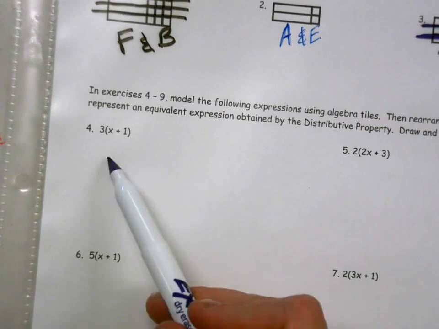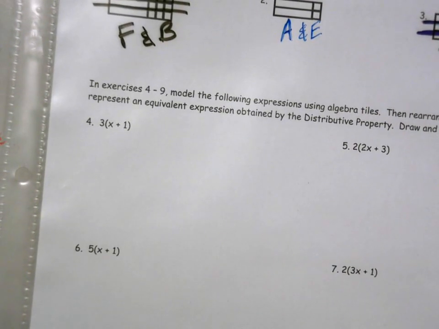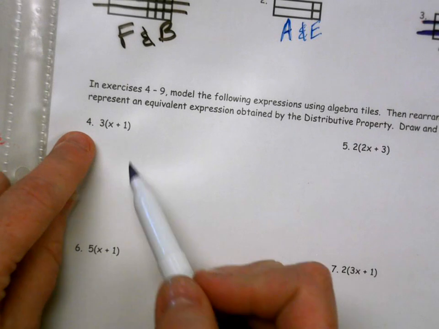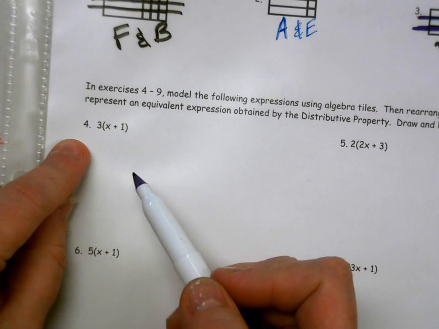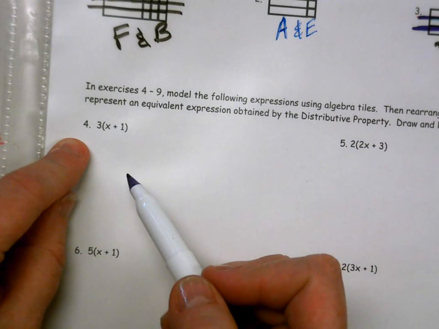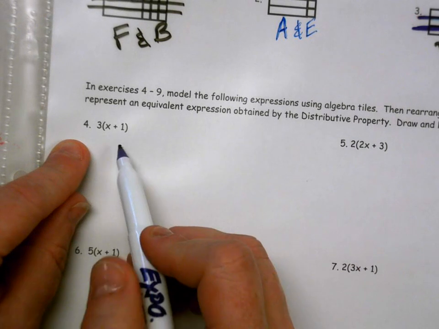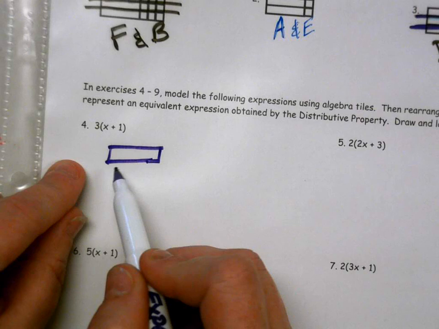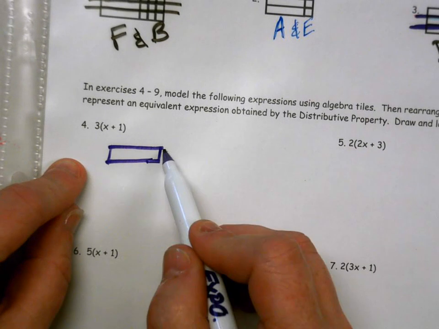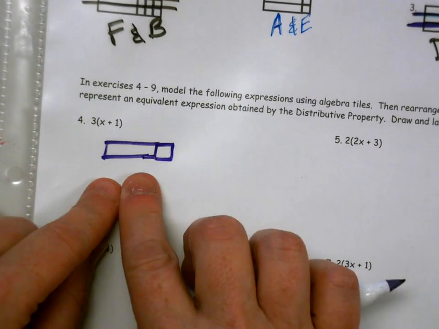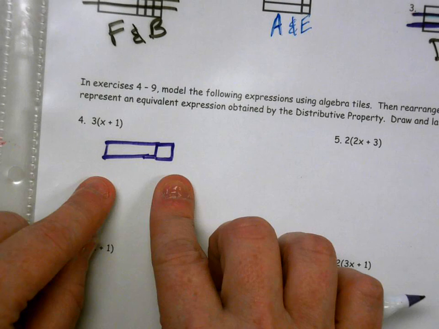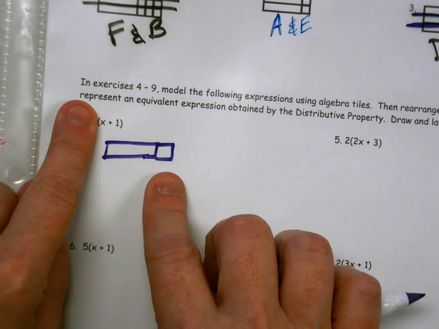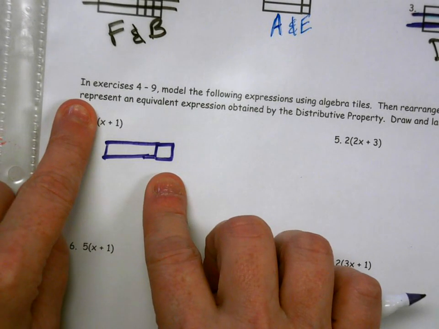So down here, how are we going to draw 3 groups of x plus 1? 3 triangles, and then after 3 triangles, 3 rectangles. So that's 1x plus 1, right? How many of these groups do I need? 3 of them.